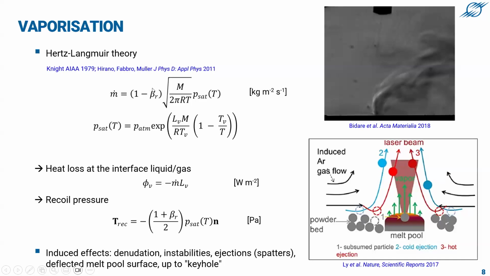And beta is a coefficient depending on the regime of evaporation, but in additive manufacturing, let's say beta is in the range of 0.17, 0.18.